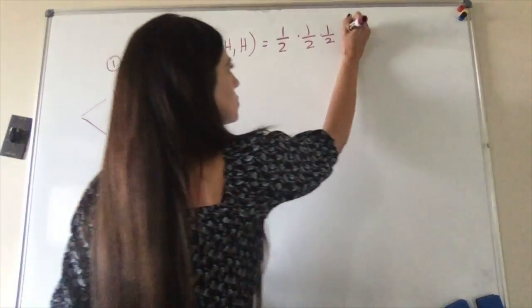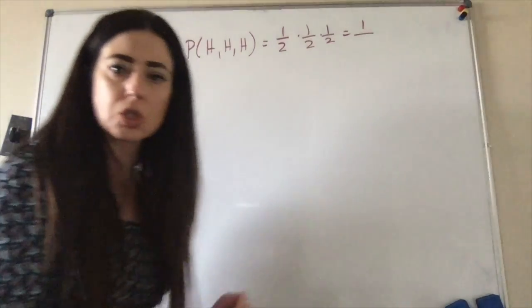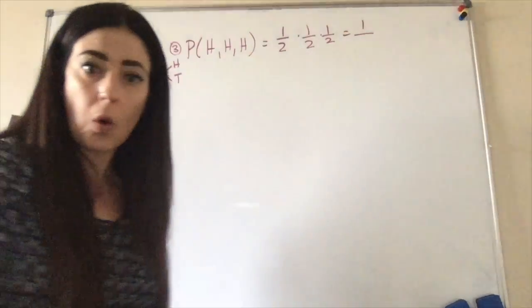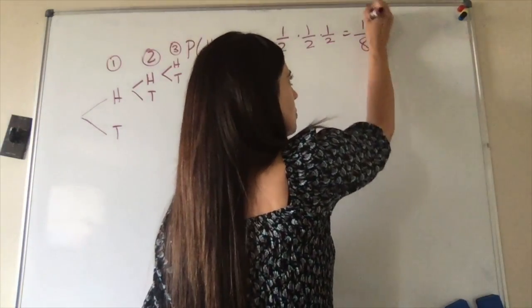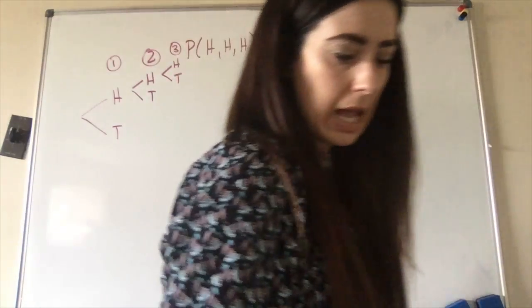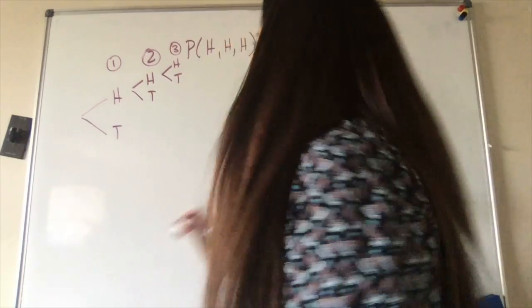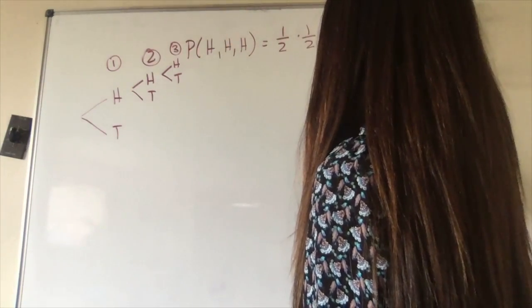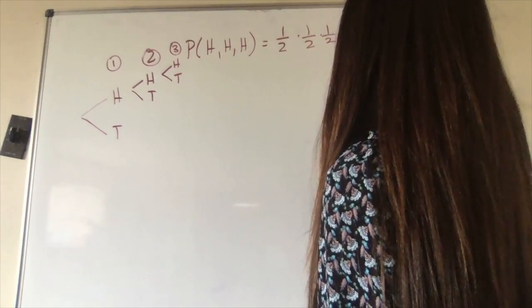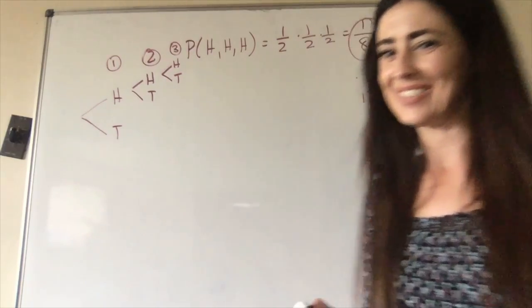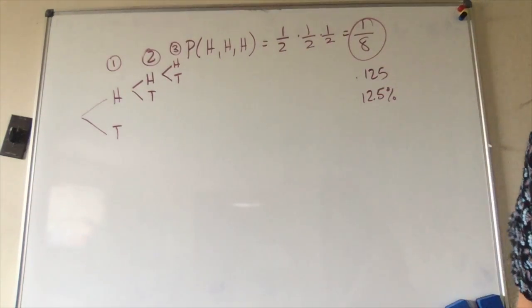All right, 1 times 1 times 1 is 1. 2 times 2 times 2. 2 times 2 is 4. 4 times 2 is 8. So the probability is 1 out of 8. If you know your decimal percent fraction equivalents, you know that is 0.125 or 12.5%. Super fun.